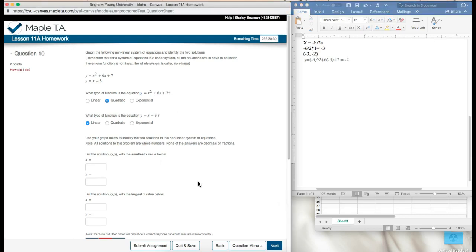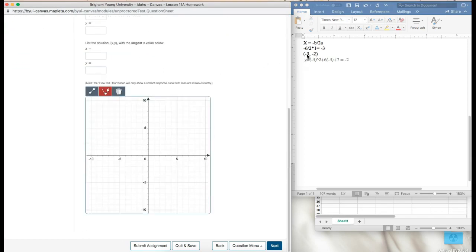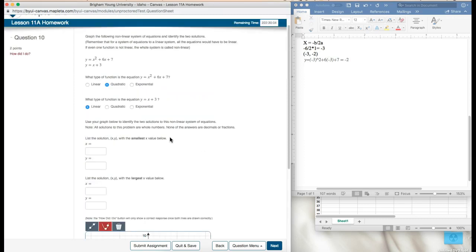So to graph in Maple, it wants that vertex first, and we'll go negative 3, negative 2. 1, 2, 3, negative 3, and then down 1, 2 here. Oh, that's not quite there. Let's move it just a little bit. As close as we can. That looks pretty good. The next thing we want to do is find the y-intercept. To do that, that means where x is 0.